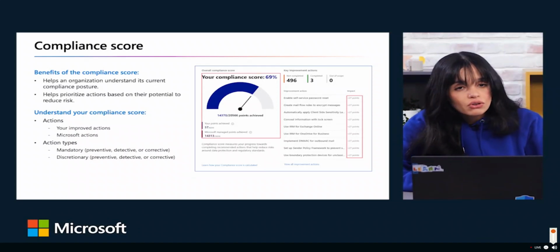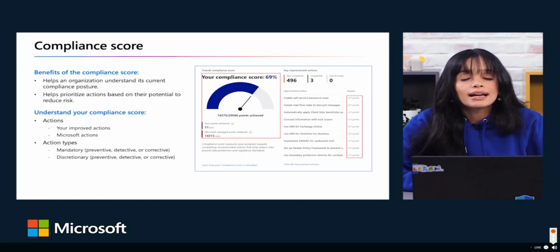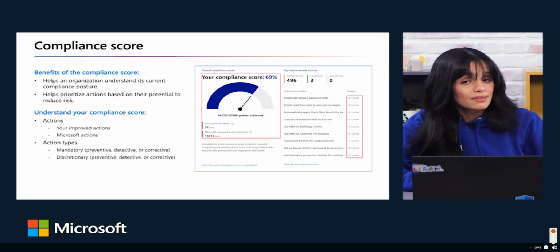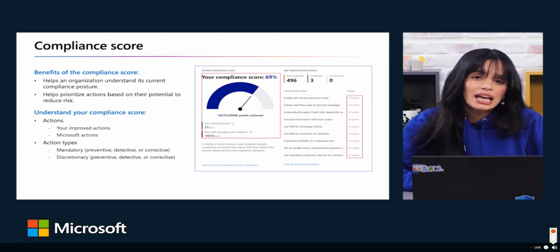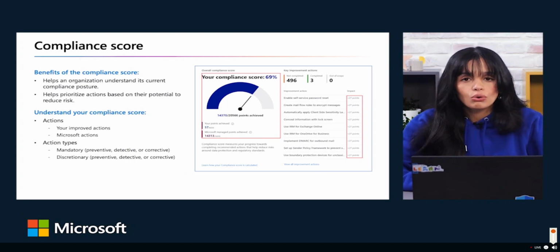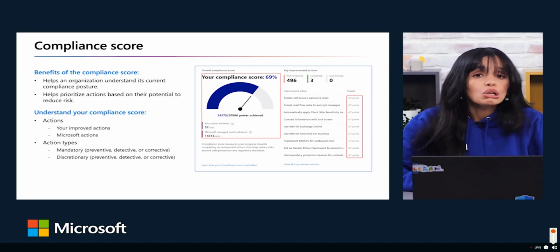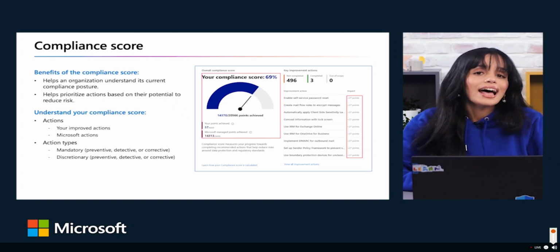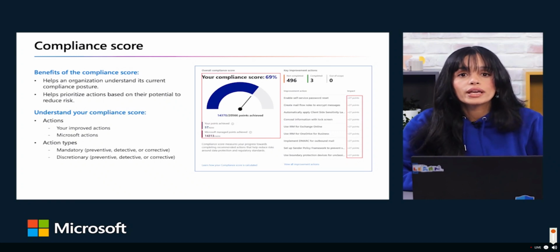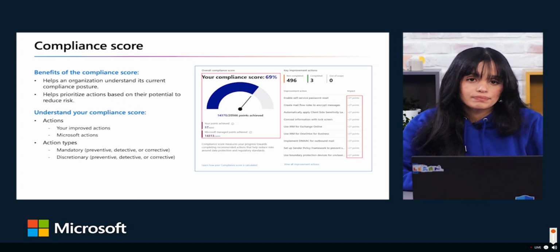The compliance score is available through Compliance Manager. Compliance Manager gives admins the capability to understand and increase their compliance score, so they can ultimately improve the organization's compliance posture and help it to stay in line with the compliance requirements.